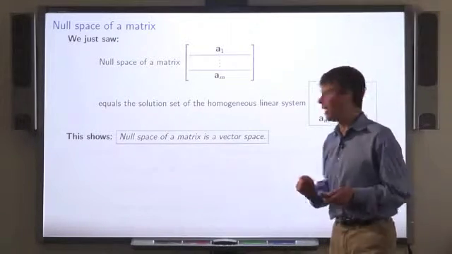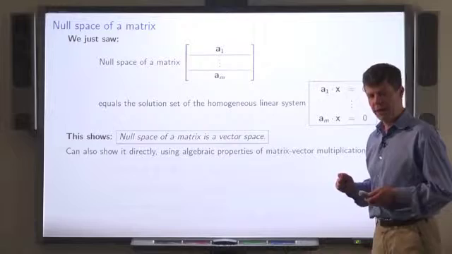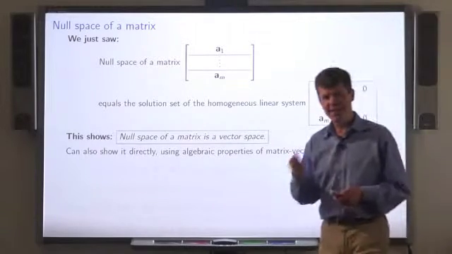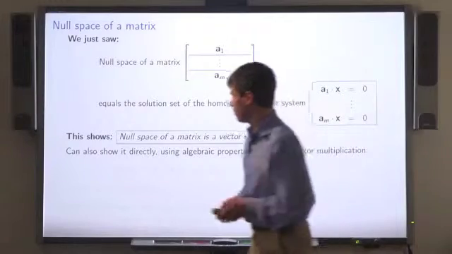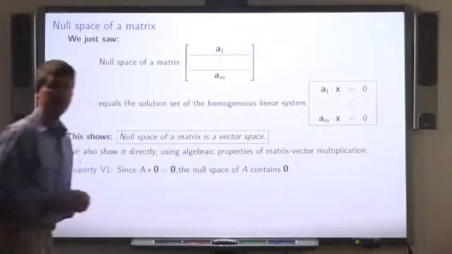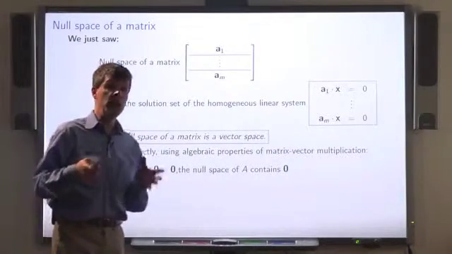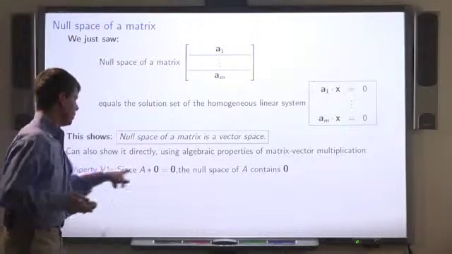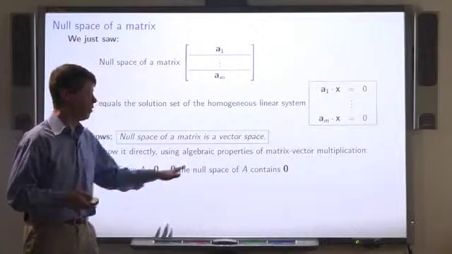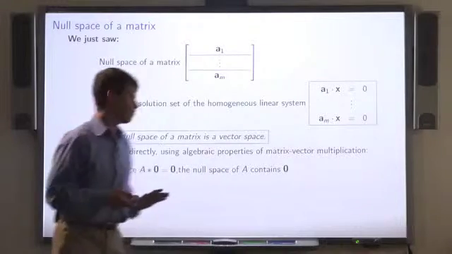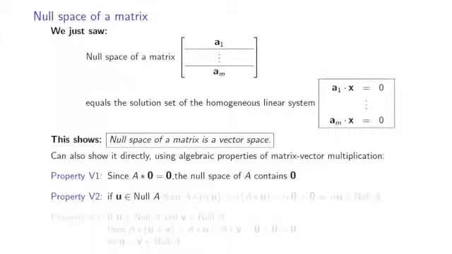But let's show that in a different way, directly, by showing that it satisfies the algebraic properties of vector spaces. Property V1 requires that the set include the zero vector. Well, since A times a zero vector is always a zero vector, the null space does contain a zero vector. Now for property V2.